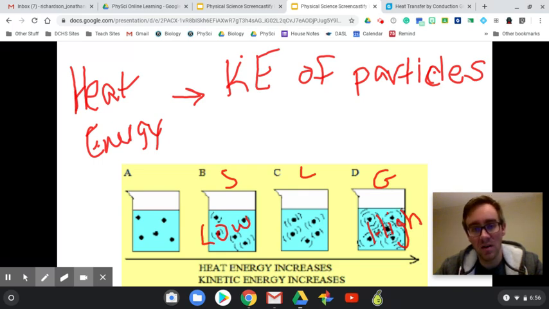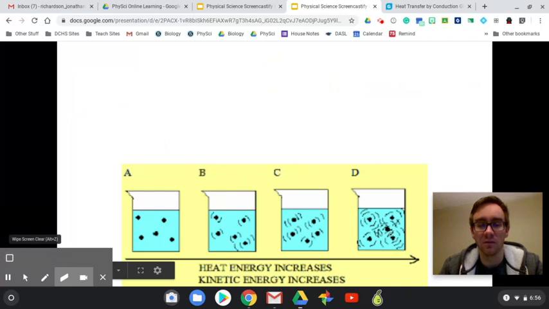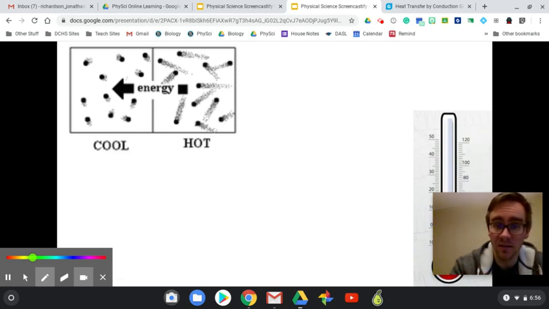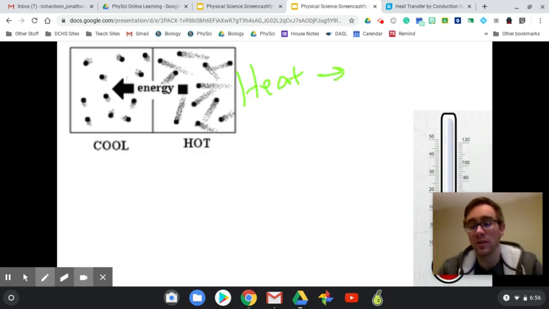Now how we measure it is a little bit different, and that's when we start talking about things like temperature. As we just talked about, there's heat, and there are two ways to measure thermal energy.